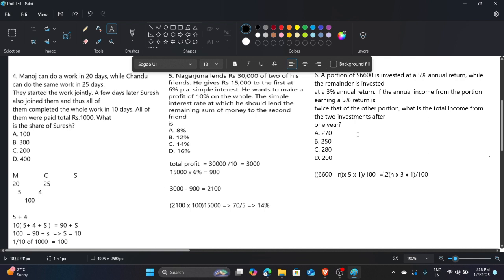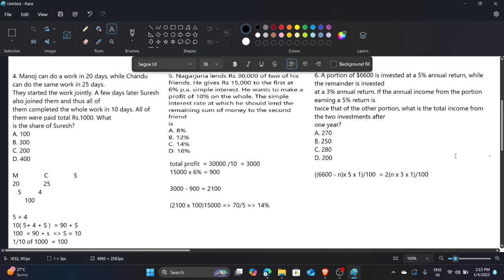What is the total income from the two investments after 1 year? We need to find the total income. So first we need to find n. It means how much he invested in both portions. We need to find that.